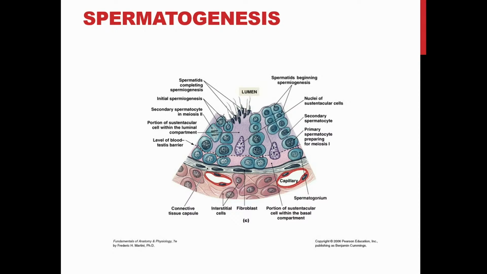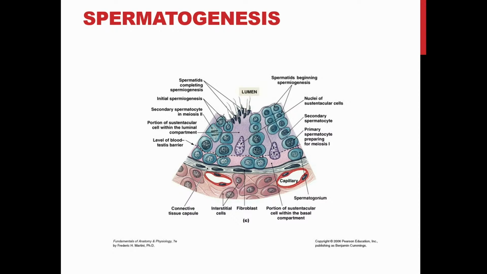prepubertal male patient, usually have type A spermatogonia, and this type A spermatogonia is usually divided into the A dark and the A pale spermatogonia. Prepubertally, this type A spermatogonia undergo mitosis to fill the seminiferous tubules.